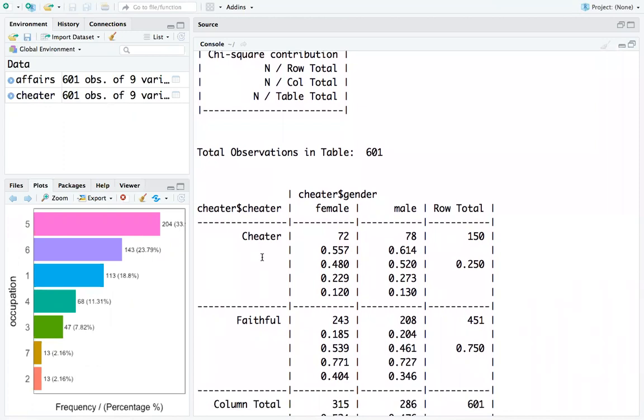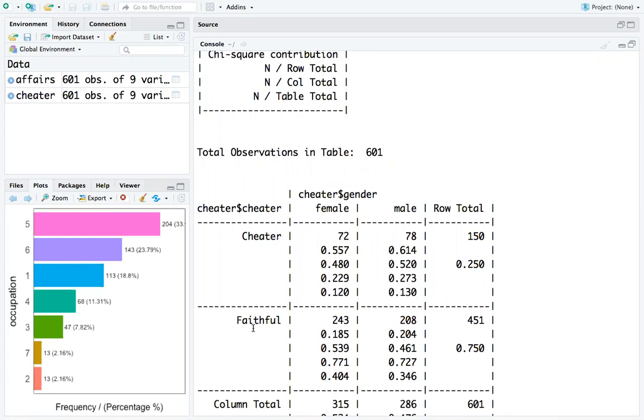Here we have cheater, faithful, female, male. Why is my cheater on top and faithful on the bottom, while in SAS the faithfuls were over here and the cheaters were down there?